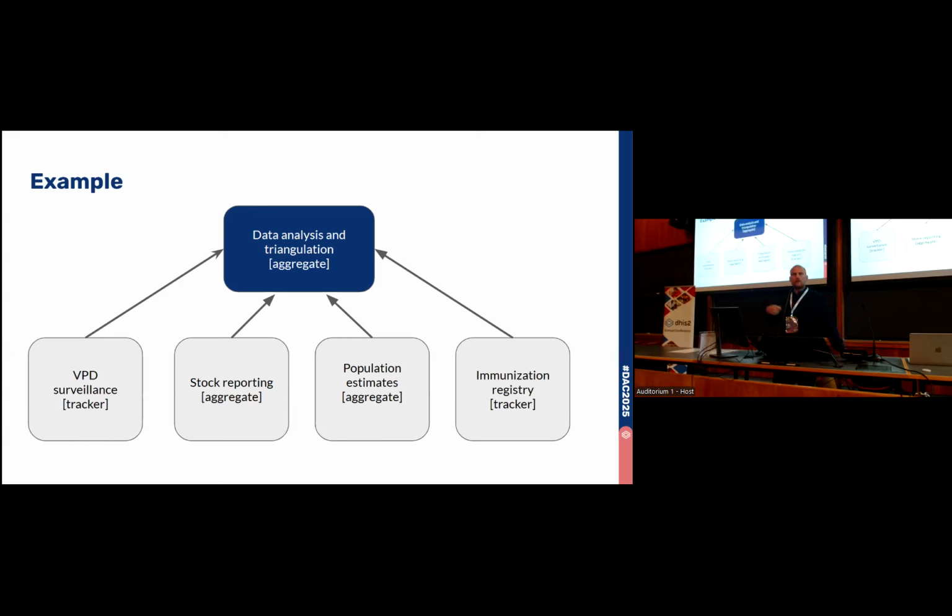You need to look at your population estimates, which is aggregate numbers. And you might have an immunization registry, which could be case-based or aggregate. But the only way to bring that together is to produce the aggregate numbers if you want to triangulate these different data sources.